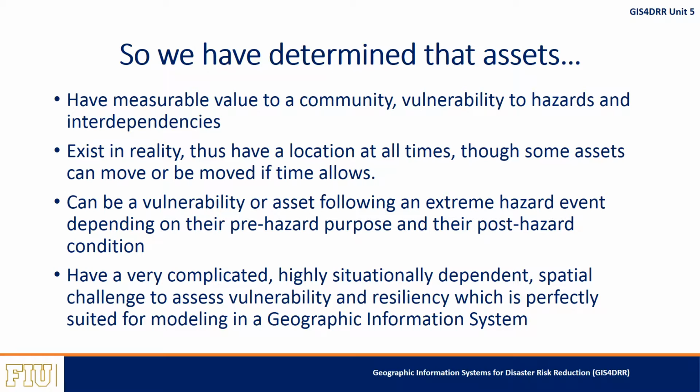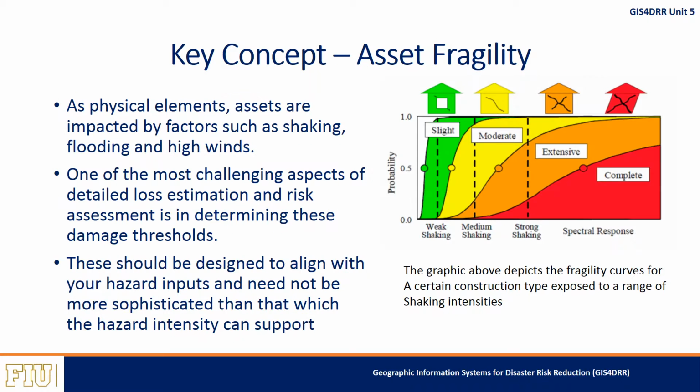They can be a vulnerability or an asset or a resource following an extreme hazard event, depending on their pre-hazard purpose and their post-hazard condition. They have a very complicated, highly situationally dependent spatial challenge to assess vulnerability and resiliency, which is perfectly suited for modeling in a geographic information system.